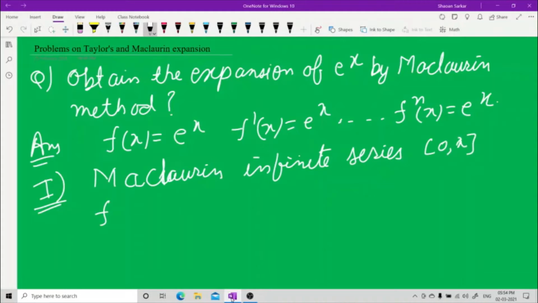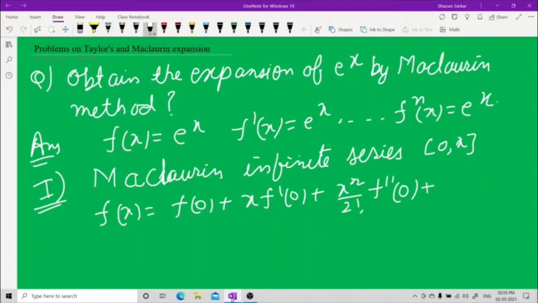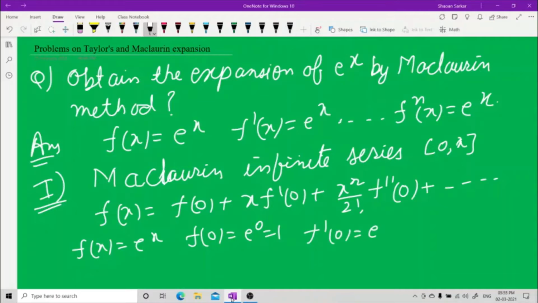Now you have f(x) equal to f(0) plus x f dash 0 plus x square by 2 factorial f double dash 0 and so forth till infinity. Here f(x) is e to the power of x, f(0) is e to the power of 0, that is 1, f dash 0 is also 1, and so forth.